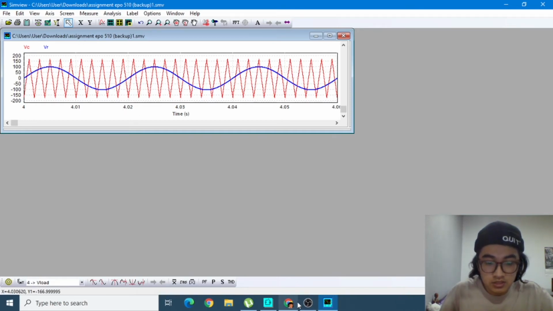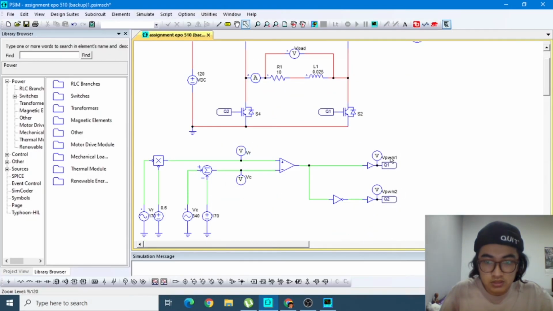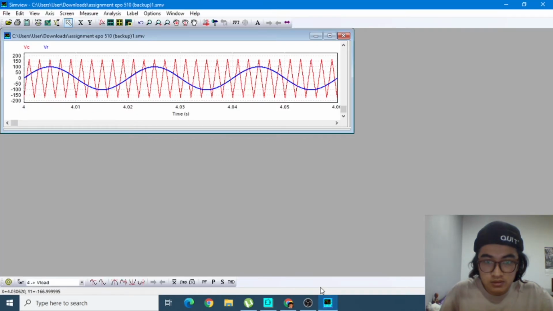For question B, we want to see PWM1 and PWM2, which is right here.